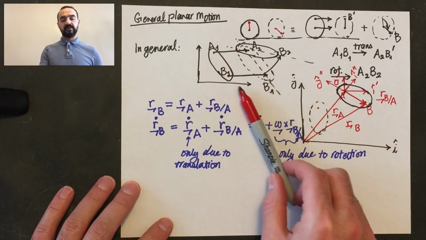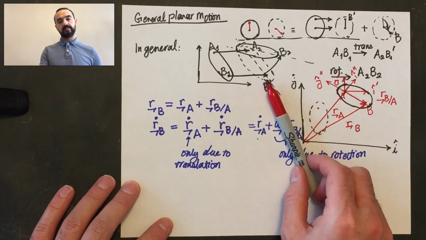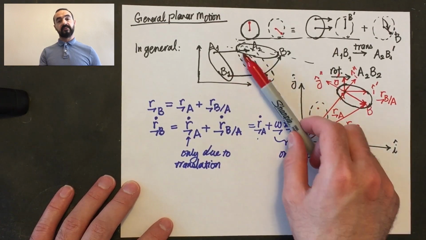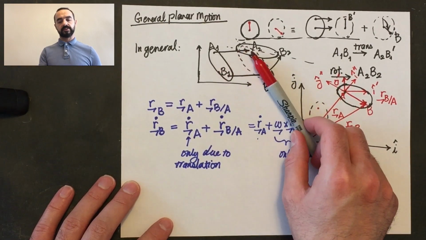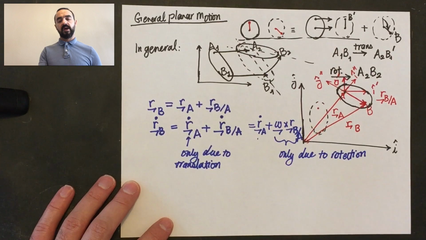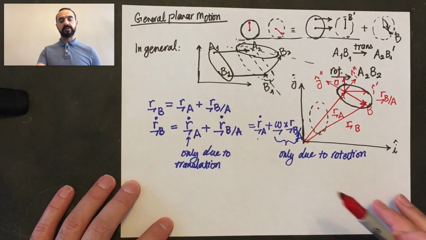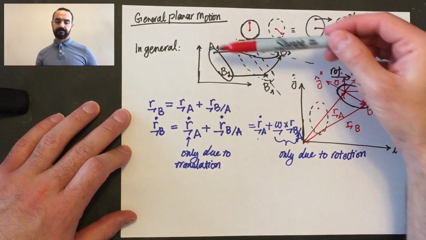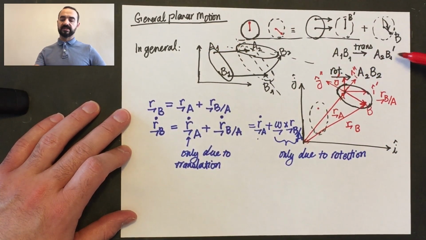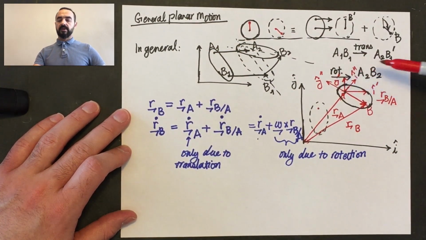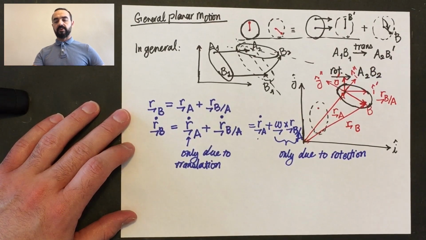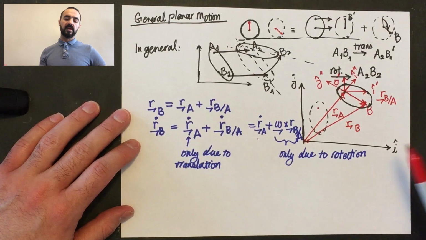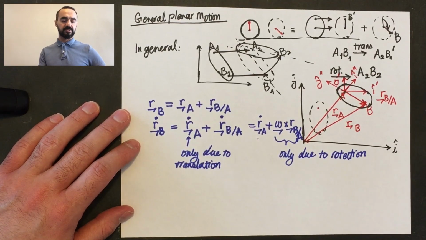So in this case, we have these two straight vectors describing the position as if the body was only translating, and then a rotation about this point takes the body into its final configuration. So we have a translation A1 B1 to A2 B1 prime, and a rotation A2 to B2. Again, ignore my drawing issues.